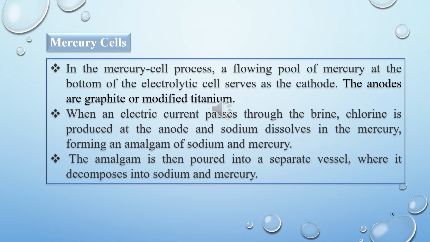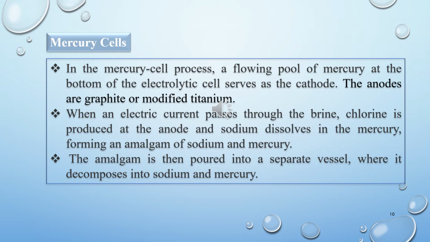In electrolytic cell, a flowing pool of mercury acts as cathode and the anode is formed of graphite or modified titanium.